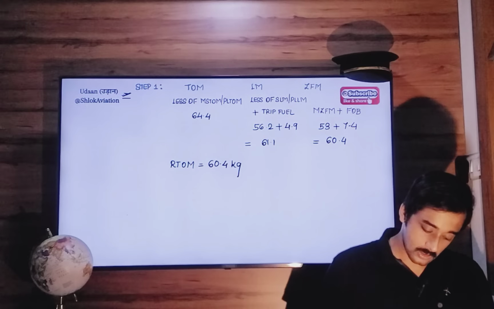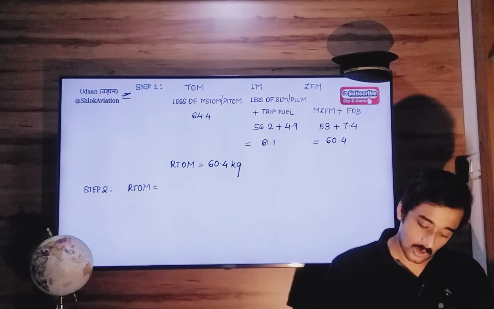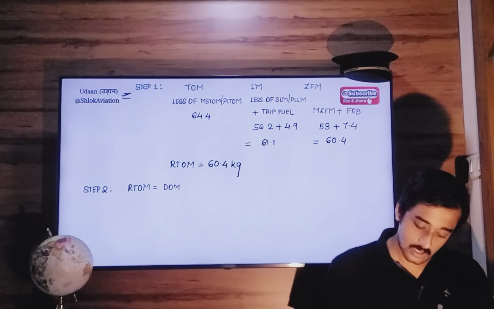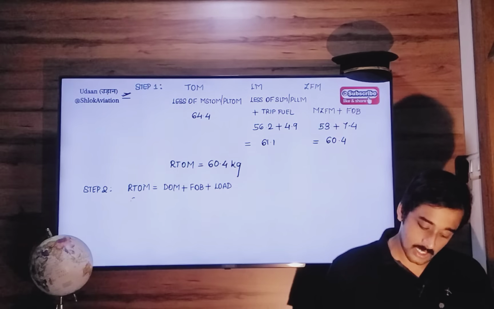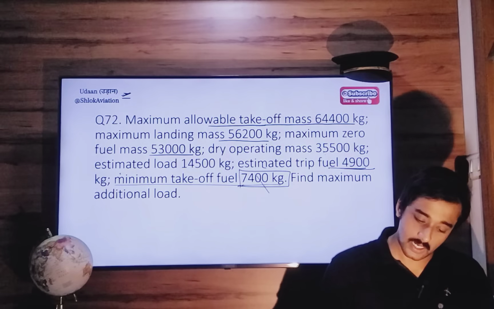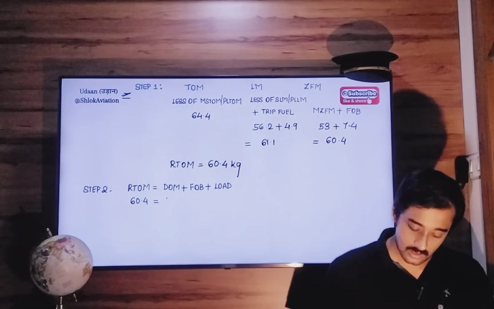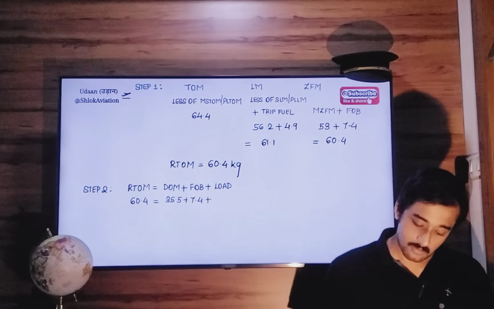Step number 2. Regulated takeoff mass equals your dry operating mass plus fuel on board plus payload. So 60.4 equals dry operating mass 35.5, fuel on board 7.4, payload x.